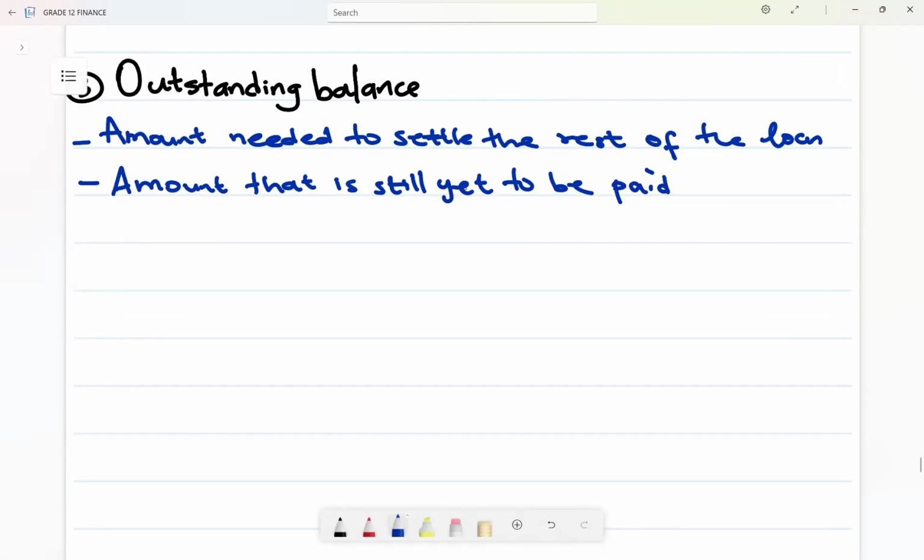So in actual fact, you're going to pay the loan amount plus its interest. Now the outstanding balance we calculate when, let's say, you are supposed to make 60 payments, and halfway through, after 48 payments, you want to see how much is left for you to pay, or how much you still owe.